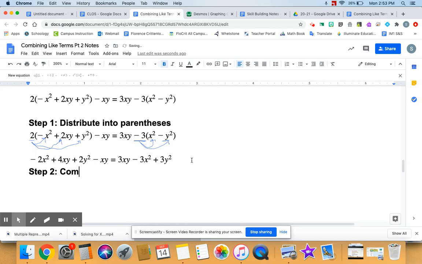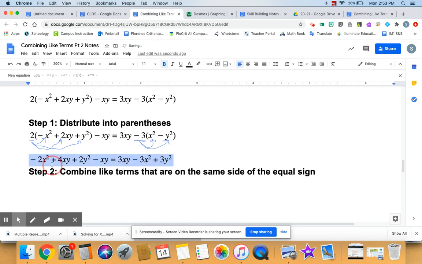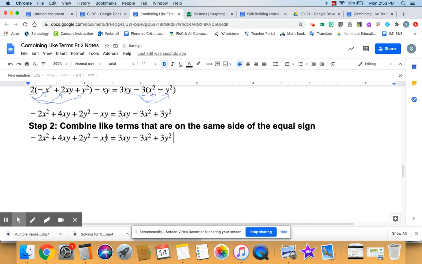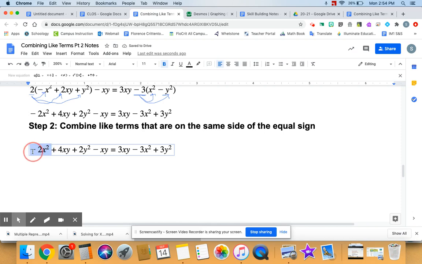Step 2 is to combine like terms that are on the same side of the equal sign. So if we have any like terms on the same side of the equal sign, we should combine them. So on the right, and only on the right, do I have any more x squareds? No, no, no. I don't care about this side right now.